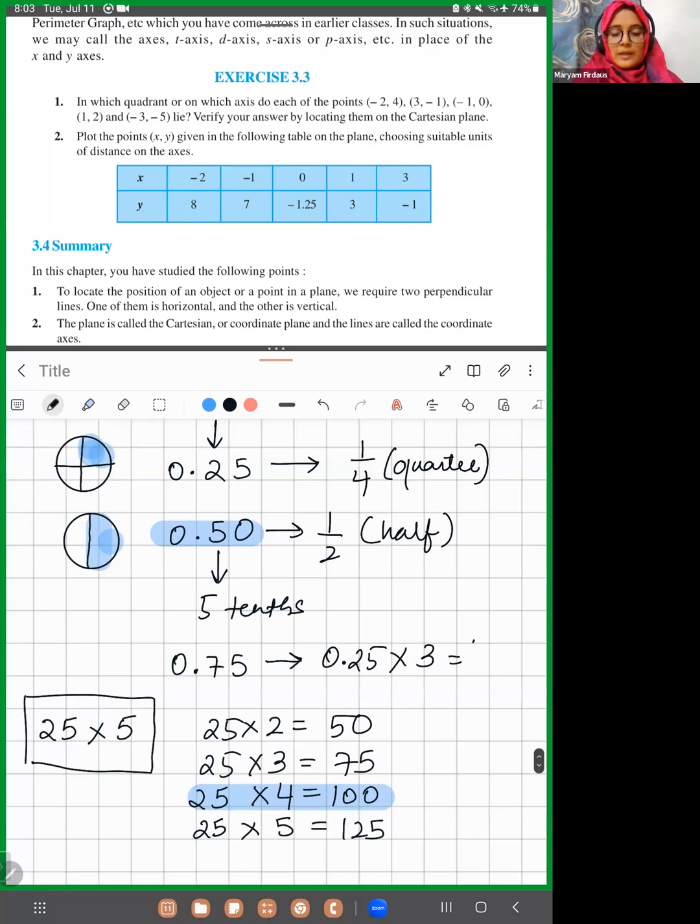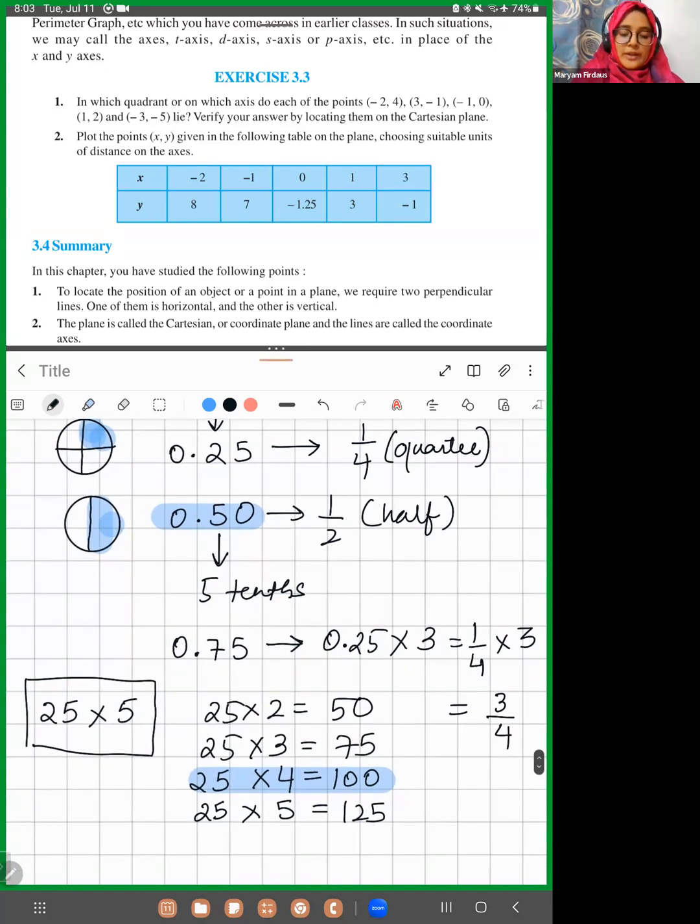And what's 1/4 multiplied by 3? 3/4. Very good. So 0.75 is 3/4.